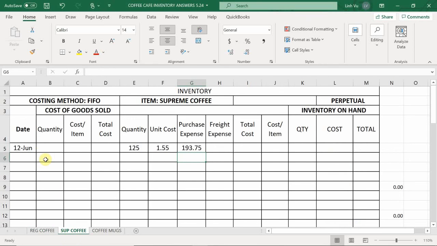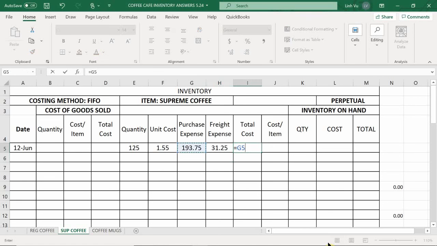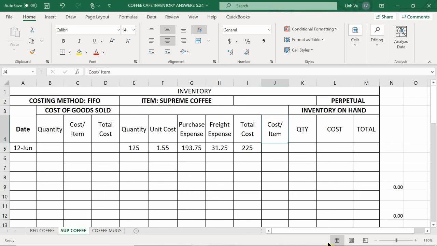Then for our Supreme coffee, right? In this case, the freight expense was the same for $31.25. So therefore, what is my total cost for my Supreme coffee? $225, right? And in this case, right, we are using FIFO.